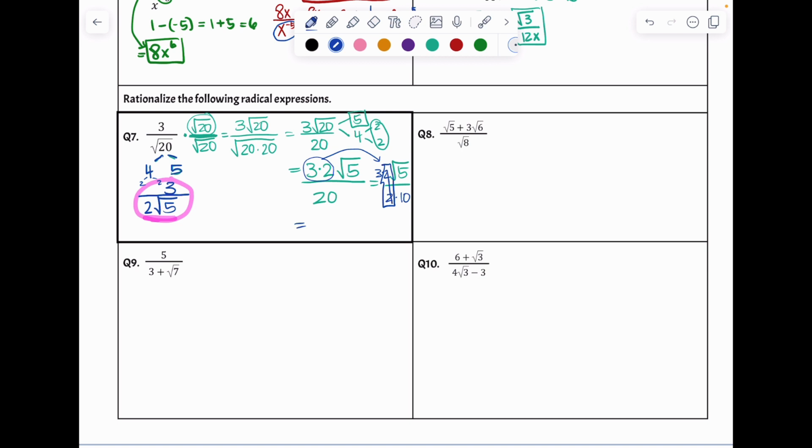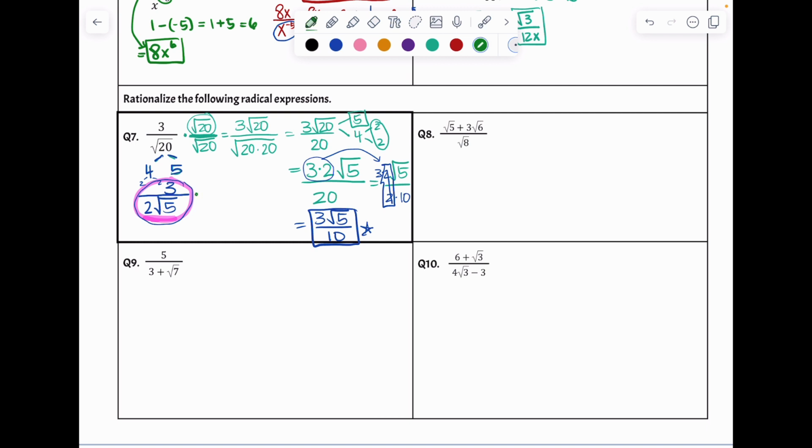Then I'm left with 3 rad 5 over 10. Like I said, I'm going to show you how if I were to multiply by rad 5 over rad 5 with what's given here, I should be able to end up with the same solution as this one, 3 rad 5 over 10. So let's try it out.